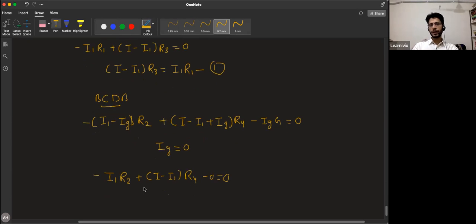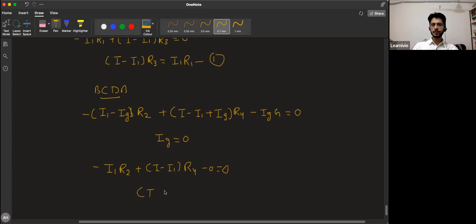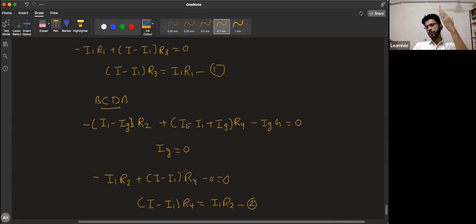So we can take it to the right hand side. We get I minus I1 into R4 is equal to I1 multiplied by R2. That is the second equation. Now we can just divide 1 and 2.